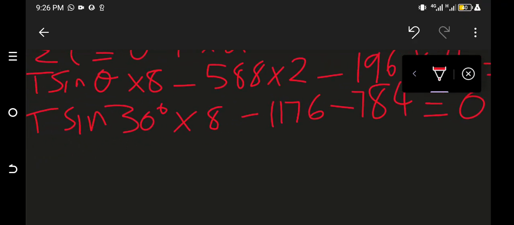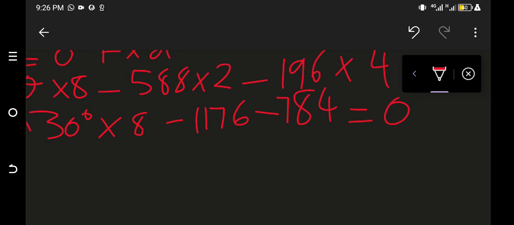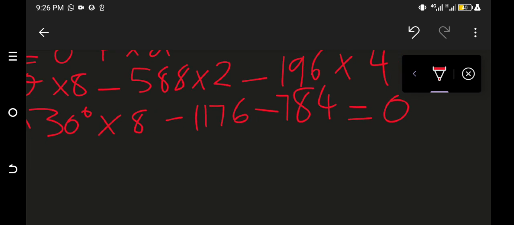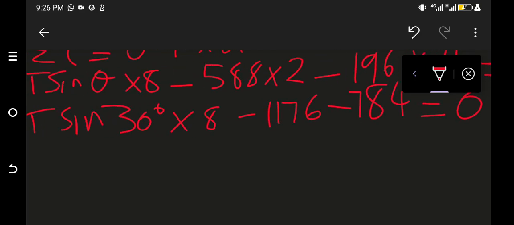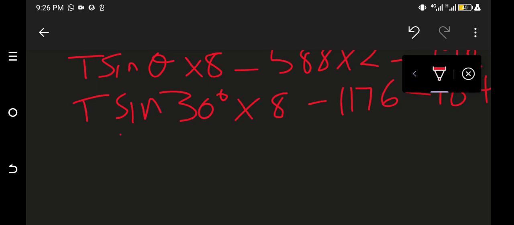We have our set of equations here, so we can simplify further. Sine 30 multiplied by 8, which is 4, so here we have 4T simplified.